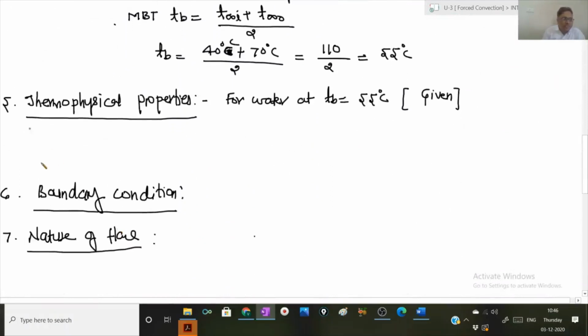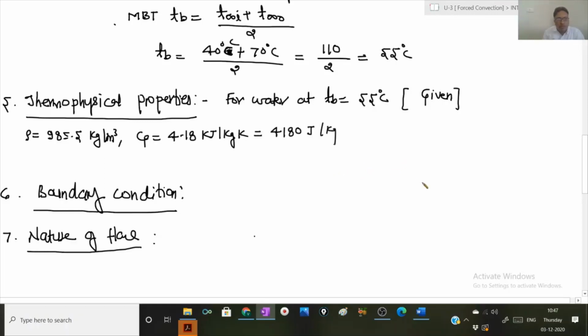So density is given as 985.5 kg per meter cube. Cp is given as 4.18 kilojoule per kg Kelvin. So it becomes 4180 joule per kg Kelvin.